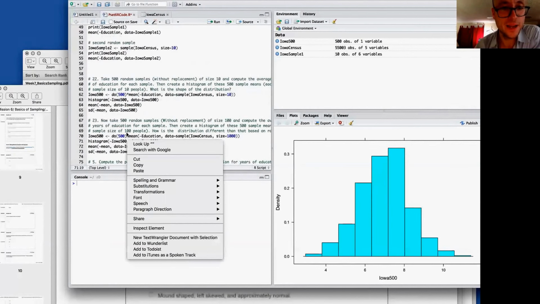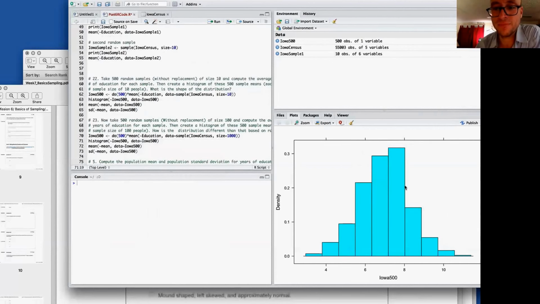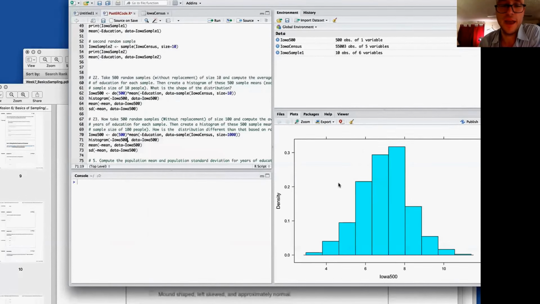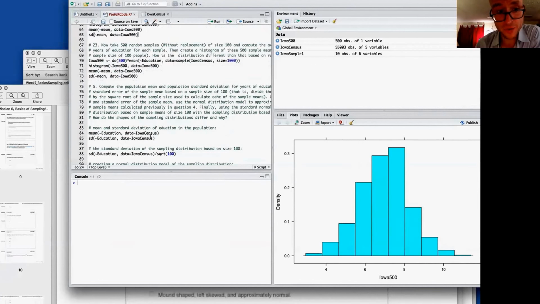Okay, and the point is, when we do statistics, we don't actually have to take 500 samples of 10. We can assume a bell curve, and we're going to infer a bell curve just by taking one sample of 10, and then we're going to make that assumption. And that assumption only works if we assume that we take a random sample.